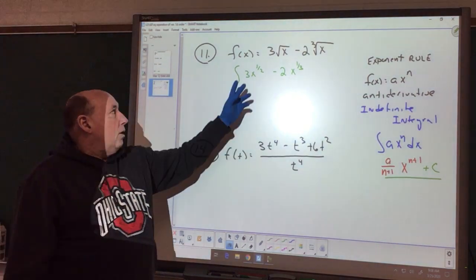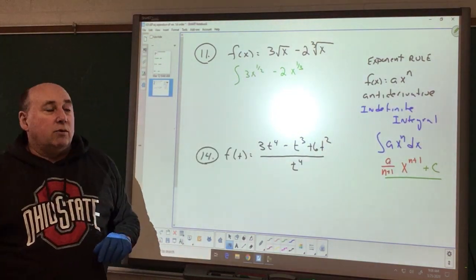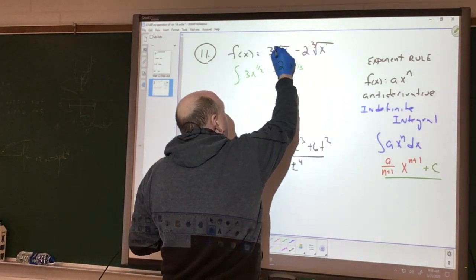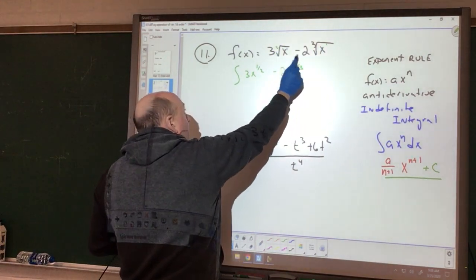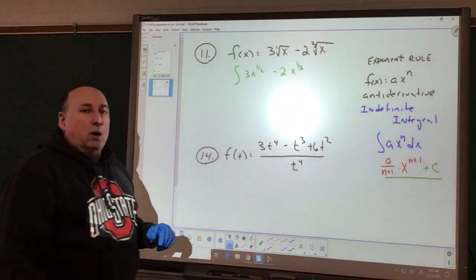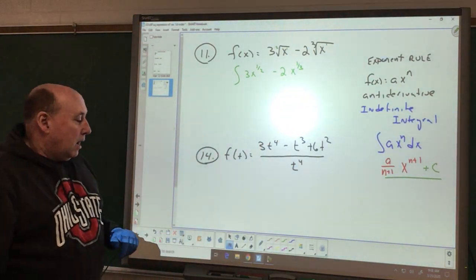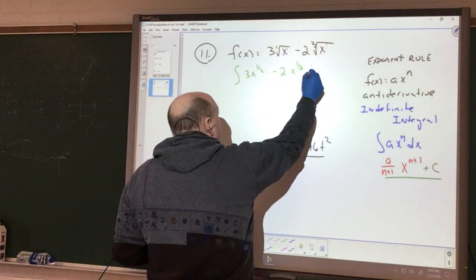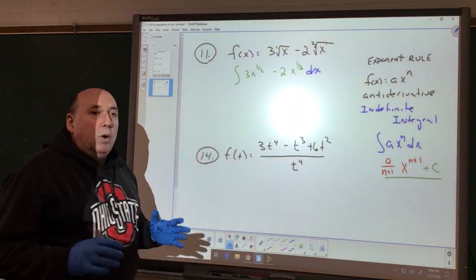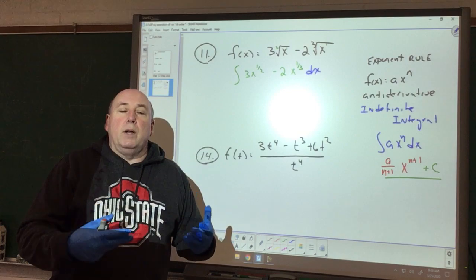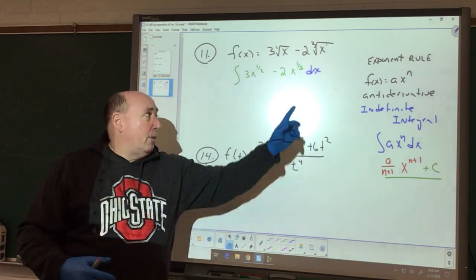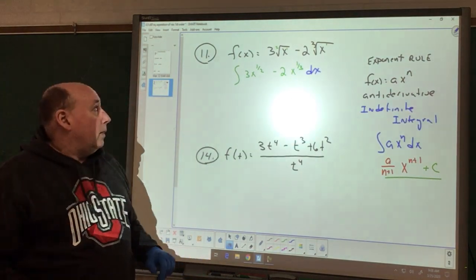Just taking our radicals and putting them into exponential form. If you remember, we have a value of 1 here, 1 over 2, 1 over 3. That was our exponent rule that we used back in the algebra world. And there's a dx here at the end, so we know that's our differential. It tells us what variable we're going to apply that rule to.